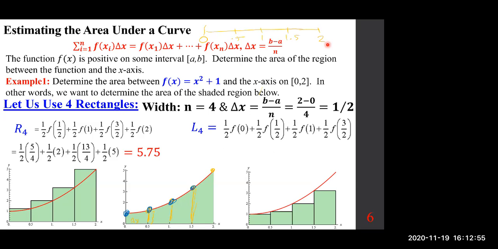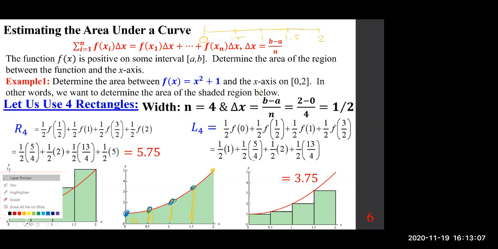Okay, everybody. And same as R sub 4, you calculate, you come up with the answer. What I want to mention is that actually this calculation is not that difficult if you have done a portion of it properly. So take a look at what happens here, everybody. This portion is being repeated here.